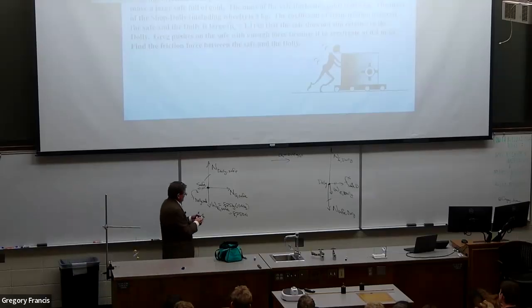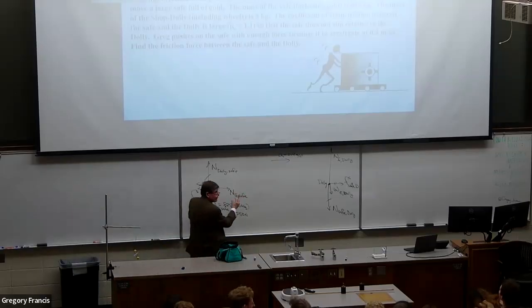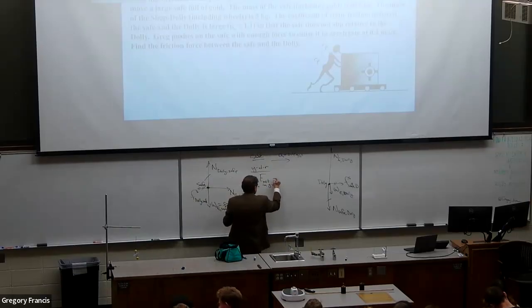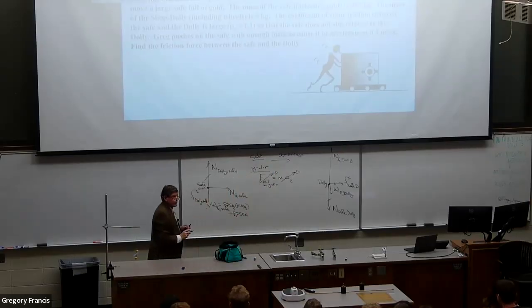Every time I draw a free body diagram, I get to use Newton's second law twice. In the y direction, the net force has to be 0 because my acceleration is all in the x, it's not in the y.